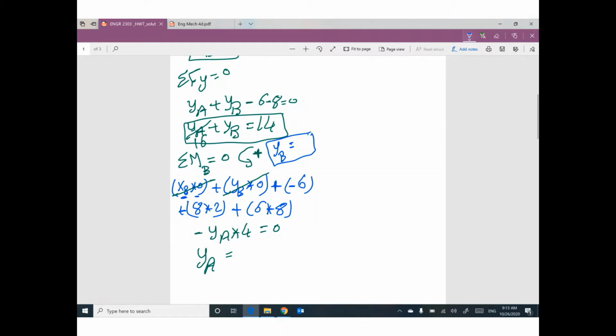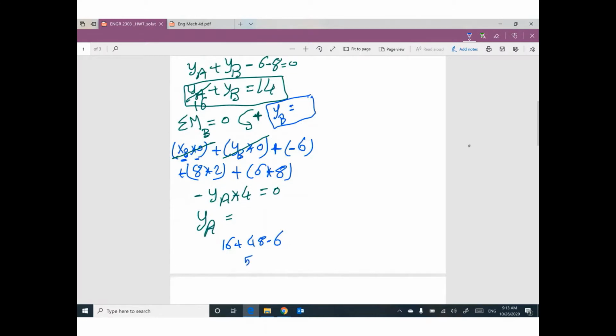So we have 16 plus 48 minus 6, so it will be 58 divided by 4. So it will be 14.5. I'm sorry. So if you put YA 14.5, YB will be negative 0.5.